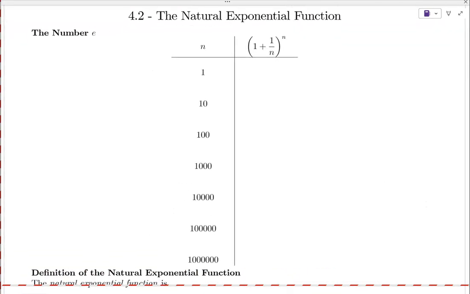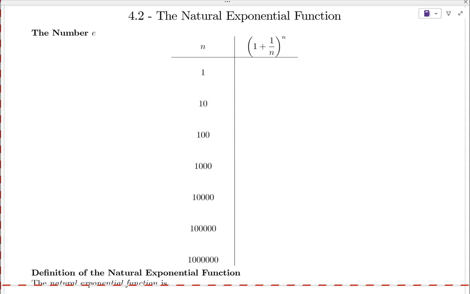We have a specific exponential function that we refer to as the natural exponential function. And we talk a little bit about where this particular exponential function comes from, which is why I have this table set up. Notice that what I have set up here is not an exponential function, right?